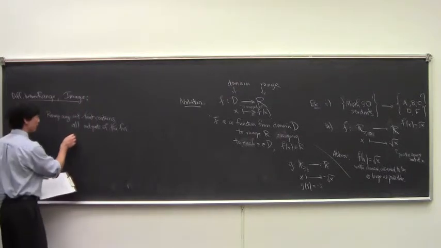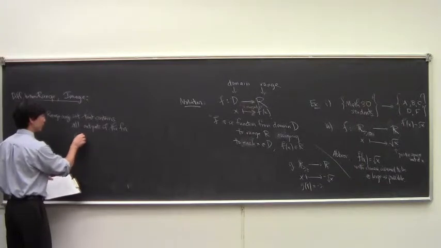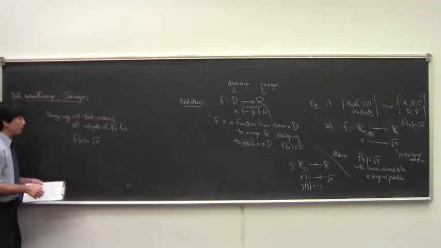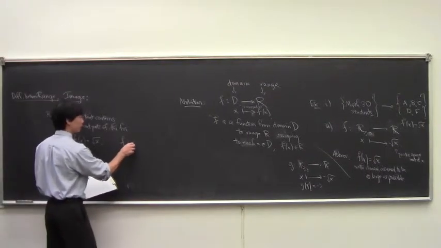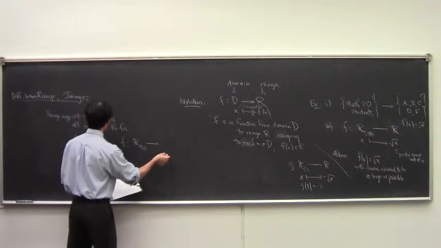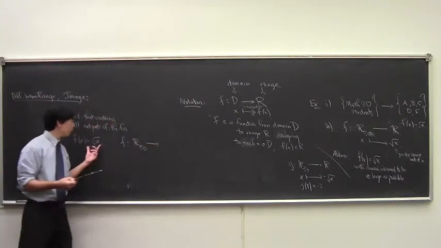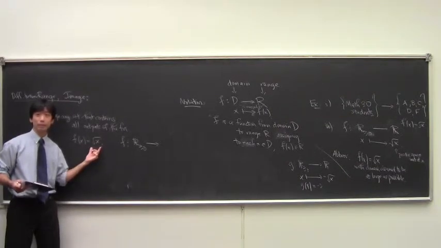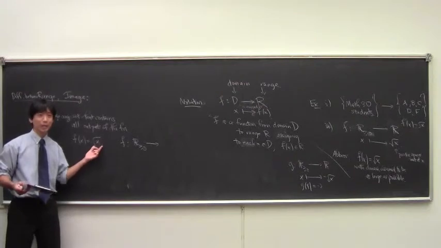So if I'm talking about the square root function, f of x is the positive square root of x, then you could write f goes from this domain into, well, what kind of outputs does this function give you? Non-negative, to be precise, non-negative real numbers.